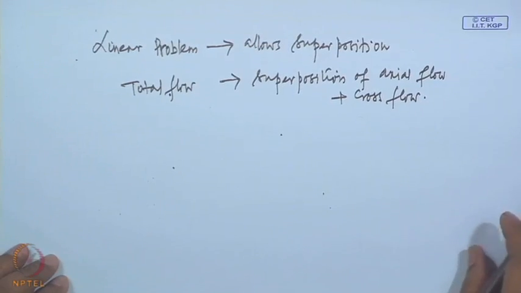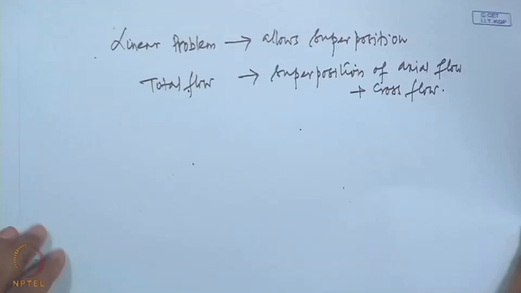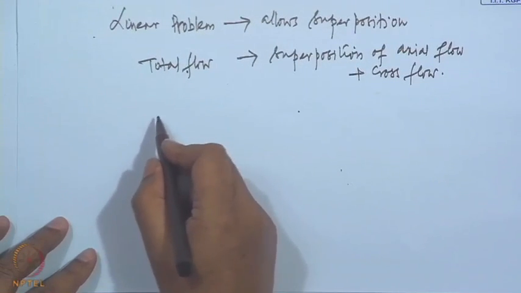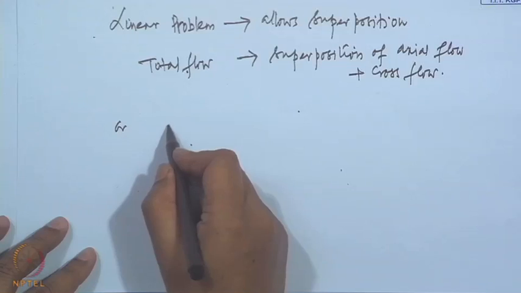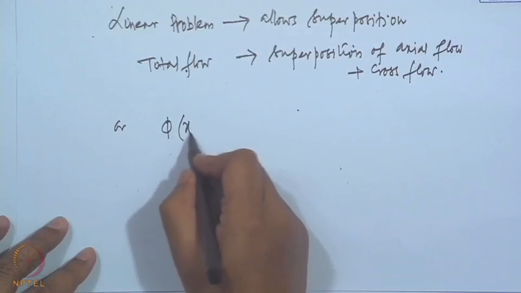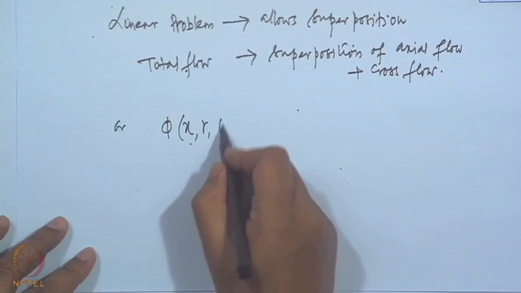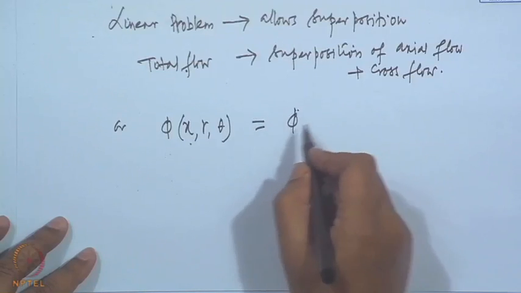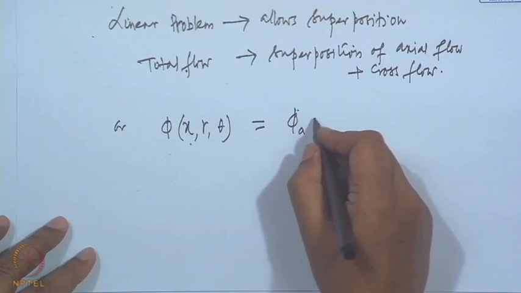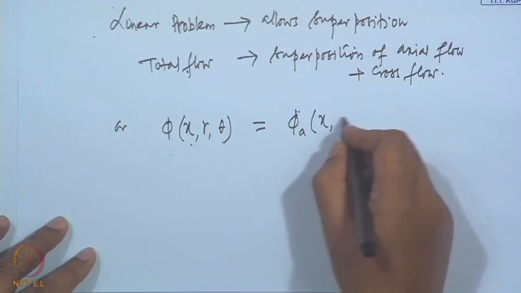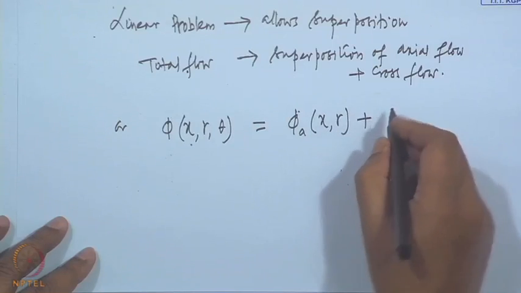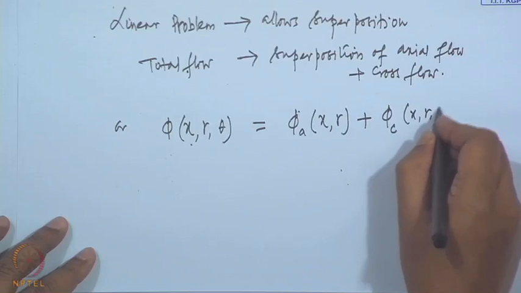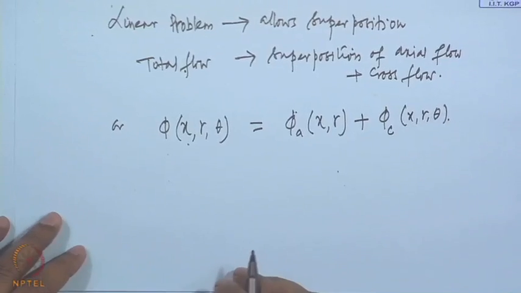So, the solution for this problem, which is the perturbation potential as a function of x, r, theta, is the sum of two potentials: one is the axial flow solution phi a of x, r, plus phi c of x, r, theta.